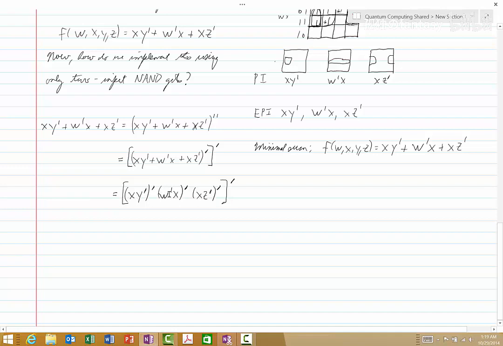Here we are NANDing together w prime and x, and here we are NANDing together x and z prime. So, assuming that we have all the variables in both their complemented and uncomplemented forms, this can be implemented with a two-input NAND, this with a two-input NAND, and this with a two-input NAND.